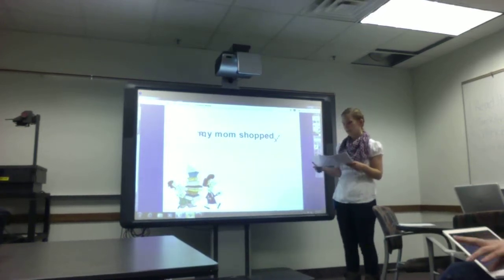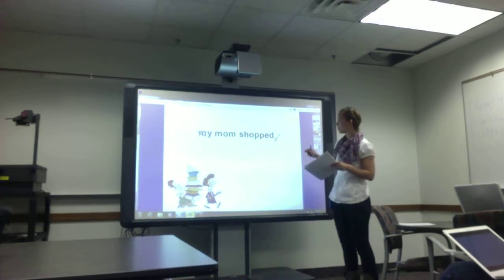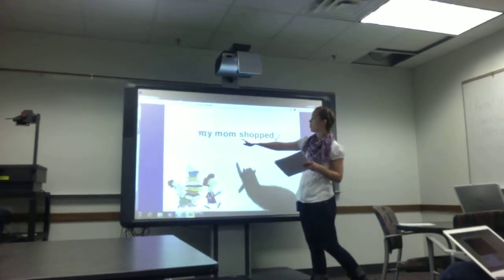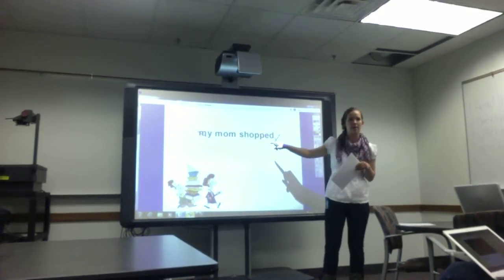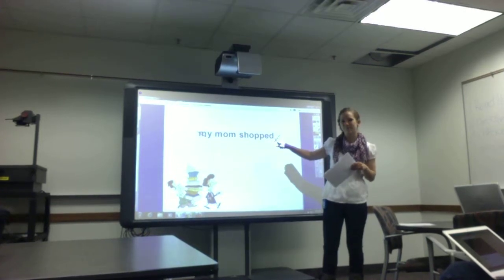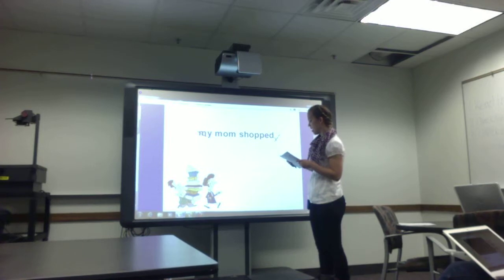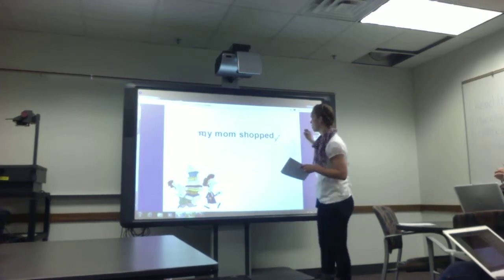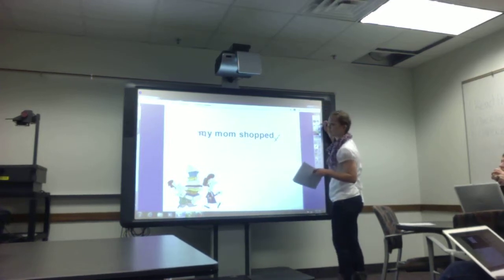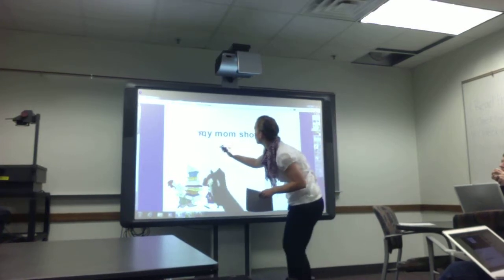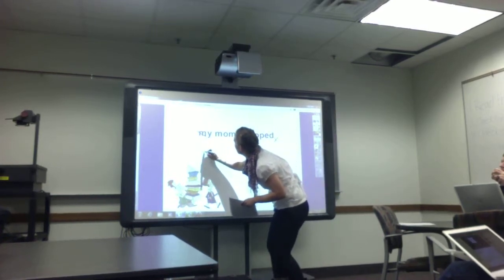And the fourth step is to rewrite the whole sentence. What is the fourth step? Rewrite the whole sentence. Excellent, class. Good job. So, okay, I'm going to rewrite the whole sentence.